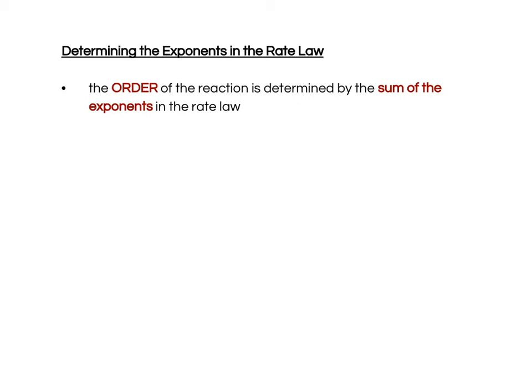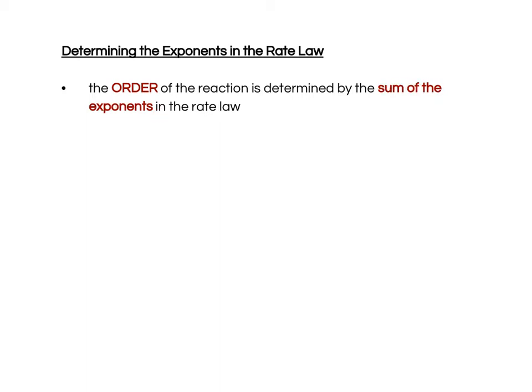In math, the way that you determine the order of a polynomial is by looking at the term with the highest exponent. In the rate law, we don't simply look at the highest exponent. We look at the sum of the exponents in the rate law.